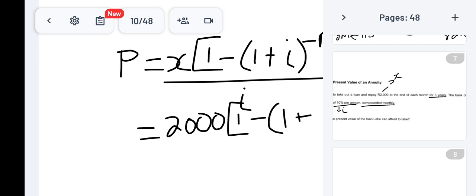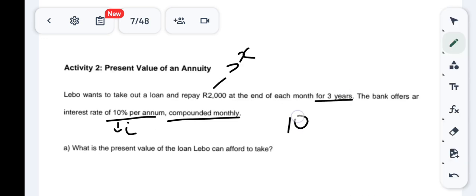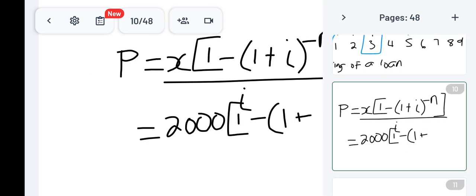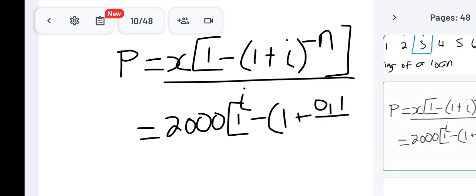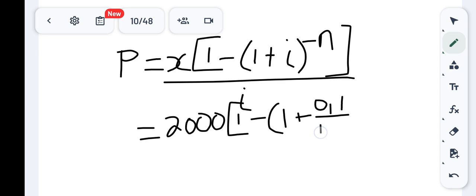The interest rate is 10%, so you convert that: 10 divided by 100 is 0.1. Divide by the compounding period; they said compounded monthly, so we divide by 12.